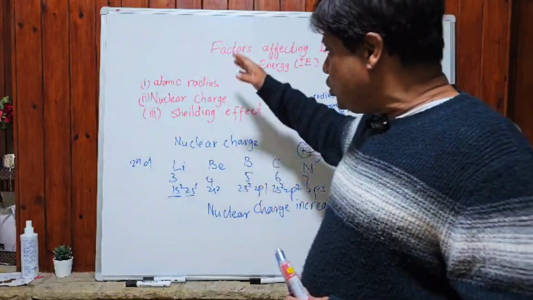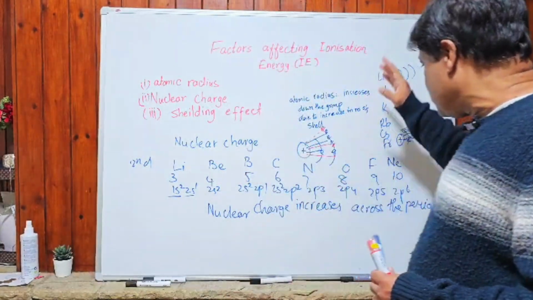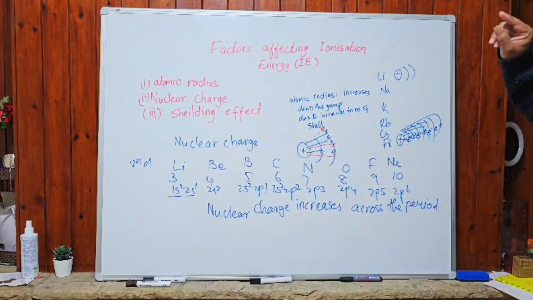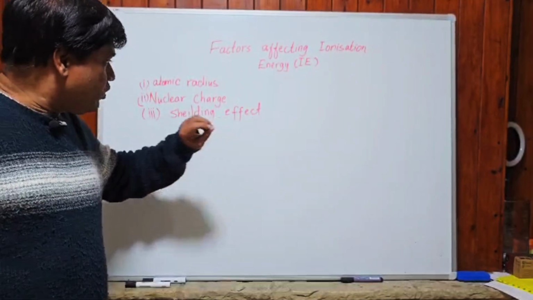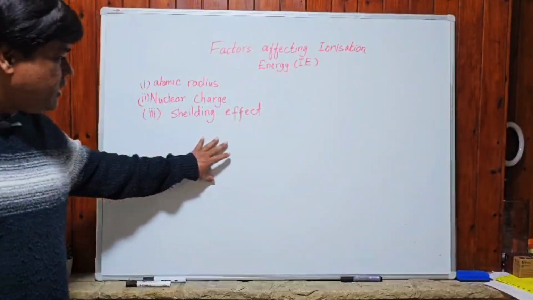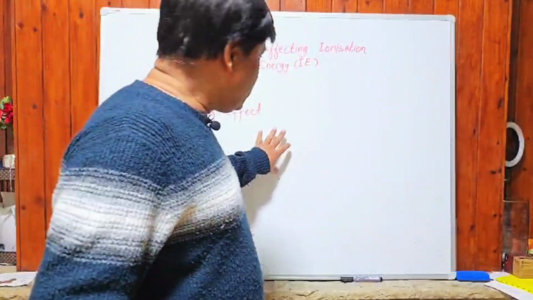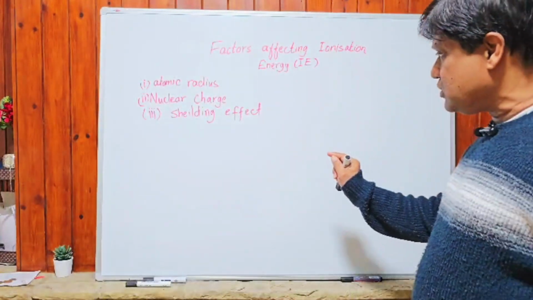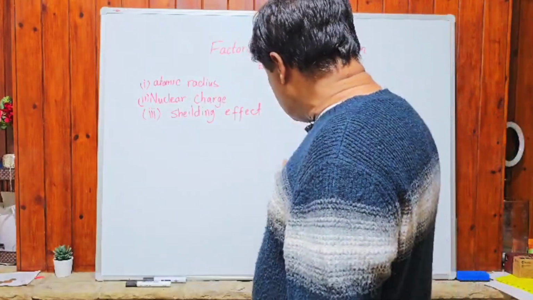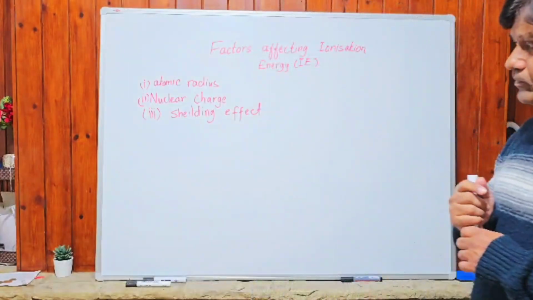In the same way, when you go down the group, atomic size, atomic radius, increases. Now the shielding effect, which is also called the screening effect. Both are the same, shielding and screening. We will first see the trends of the shielding effect down the group and across the period.